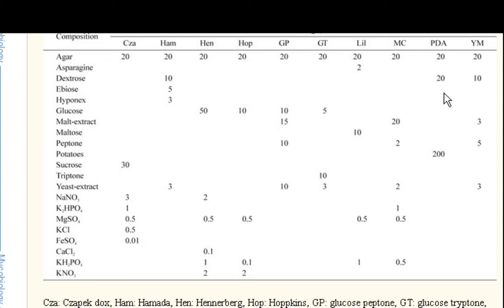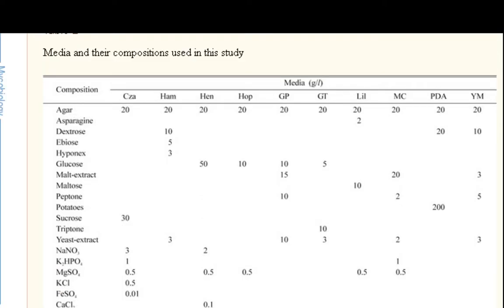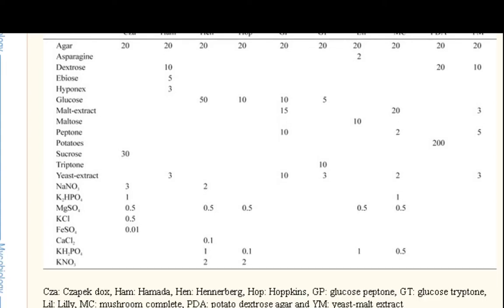Well, no, the agar and the dextrose is the same. Later on, I'm going to take the dextrose, which is the sugar, and split that value in half and add honey to that mixture, giving it the extra sugars and that sort of thing, I guess. So where's the peptone? I wanted to see the growth rates for GP, MC, and YM.